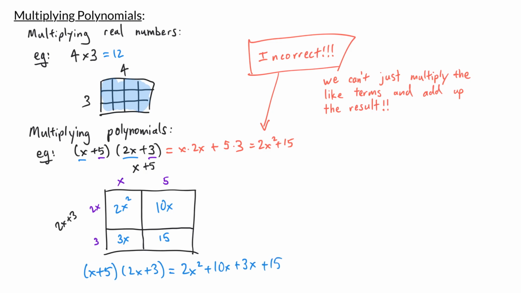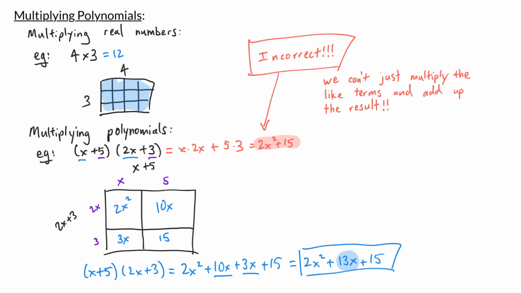If we combine the like terms 10x and 3x, we end up with 2x squared plus 13x plus 15. So this is the actual answer to the product x plus 5 times 2x plus 3. If we compare this to the incorrect answer that we got previously, we notice that there are some similarities. We have the 2x squared and the 15, but notice that we also have an extra 13x.